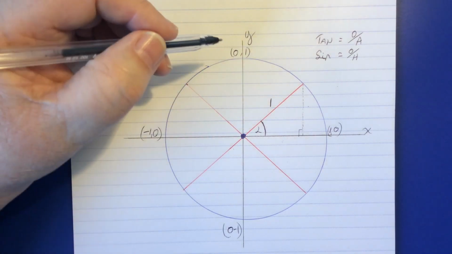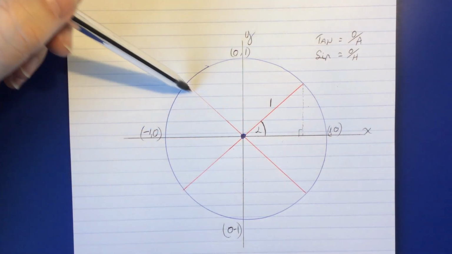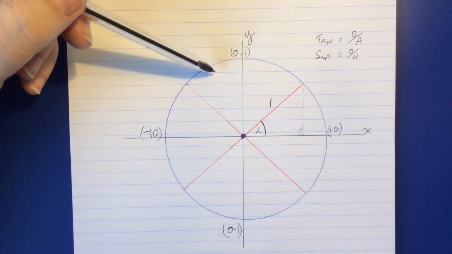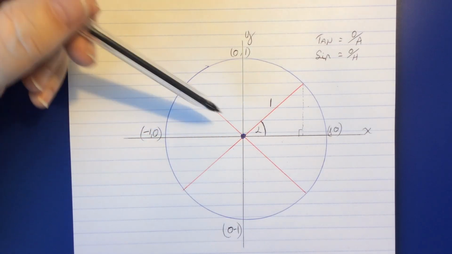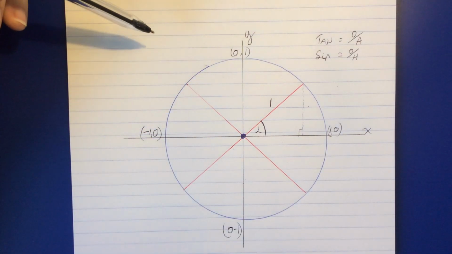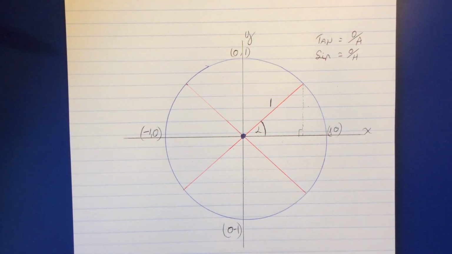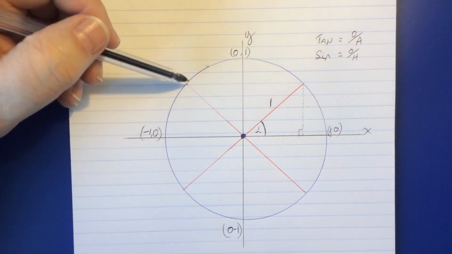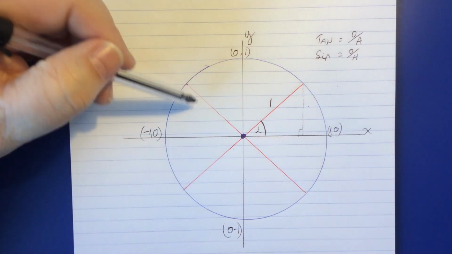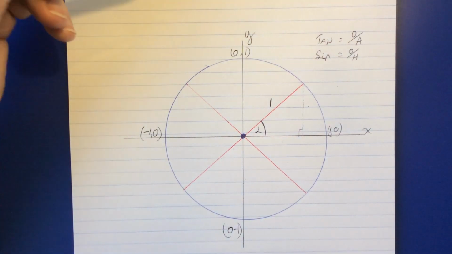It's got a length of 1. Even if the radius were over here in what we might regard as vaguely negative territory, it still has a length and magnitude, and therefore we say that it has a positive value. So a radius drawn on the unit circle always has a positive value, and that's handy for later on.